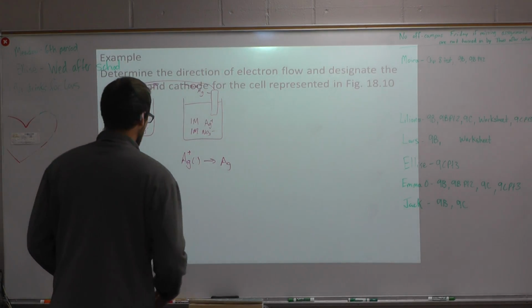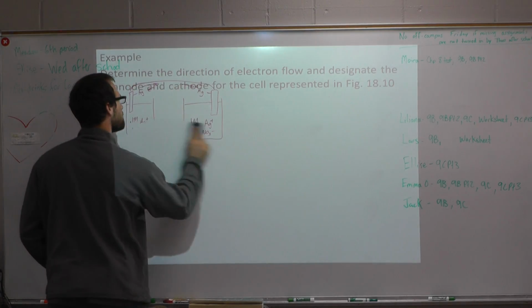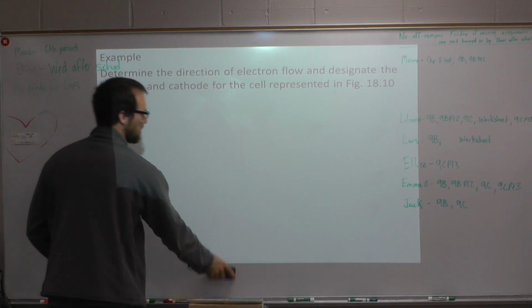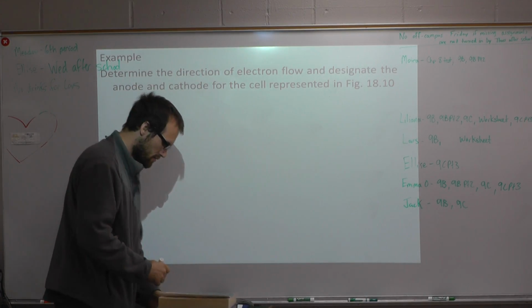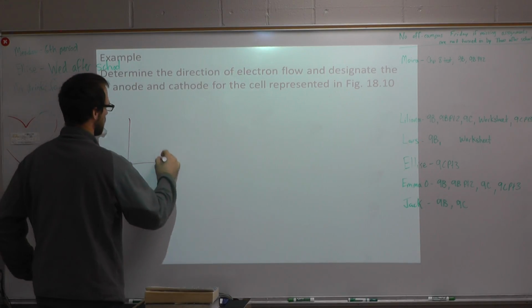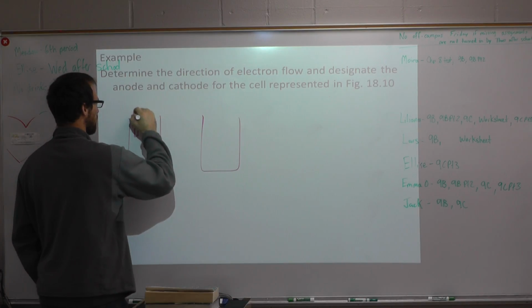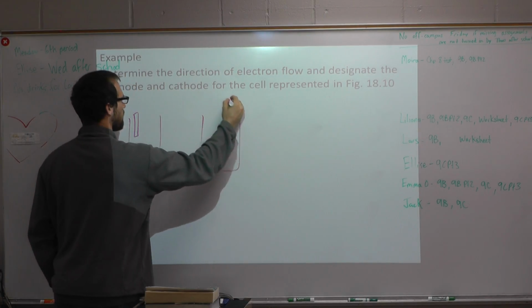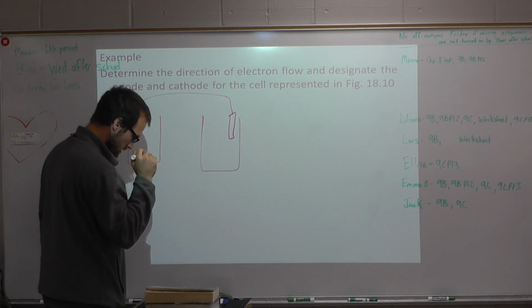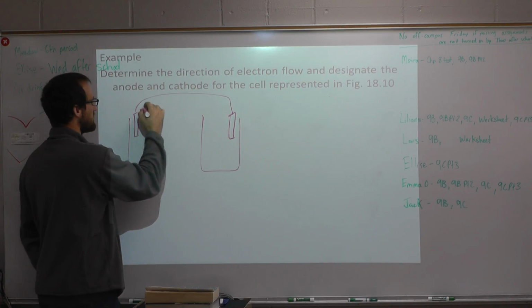So, with that being said, I'm going to give you a cell here. It says look in your book, but don't. I'm just going to write it here. Let's say that both of these plates are iron.